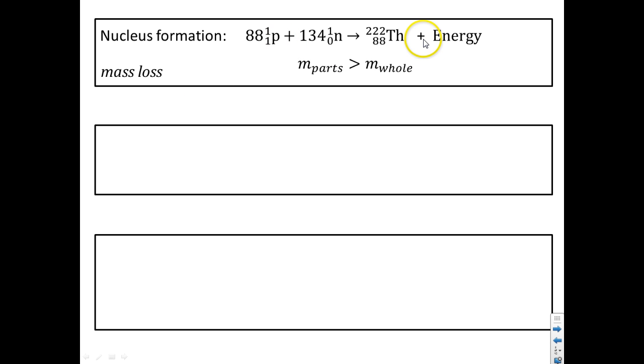That means energy is released into the environment. Because there is a loss of mass, there's a loss of energy, which must go somewhere. It's released into the environment. So we add energy into the environment during this reaction.